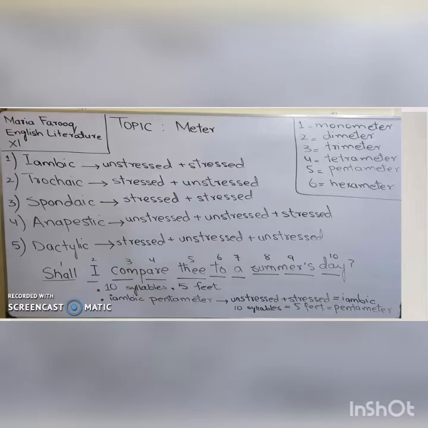Shall I compare thee to a summer's day? So there are 10 syllables. This is iambic, each foot has 2 syllables, so feet would be 5. So I noted down iambic pentameter, 5 penta.